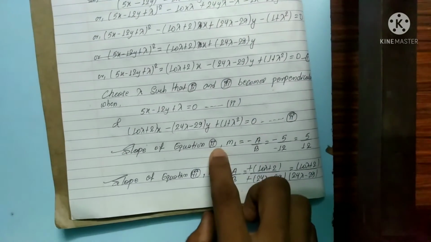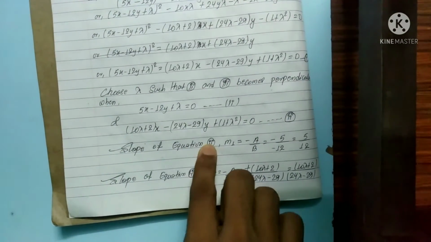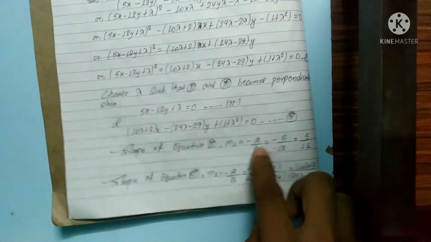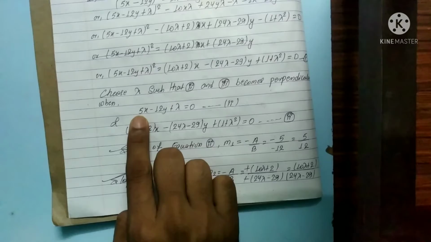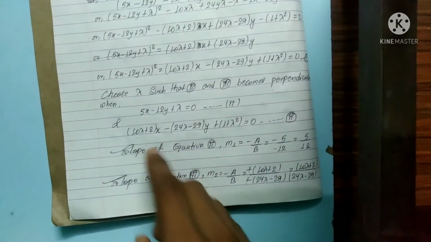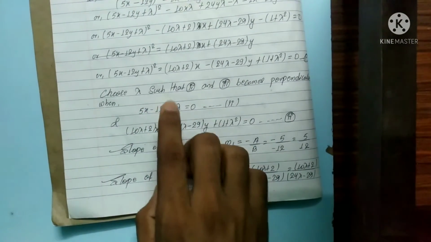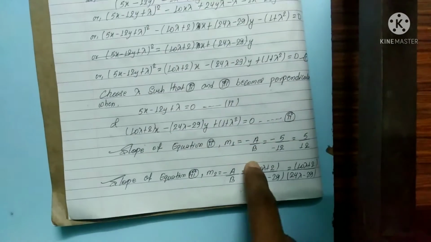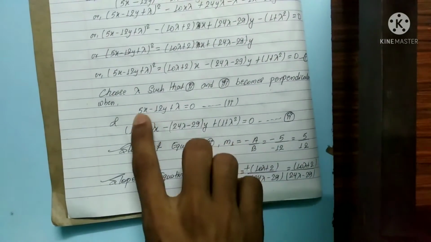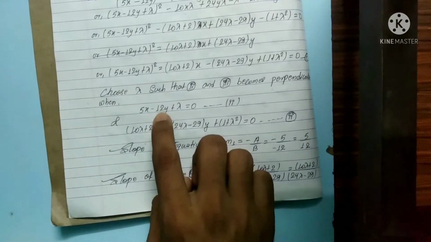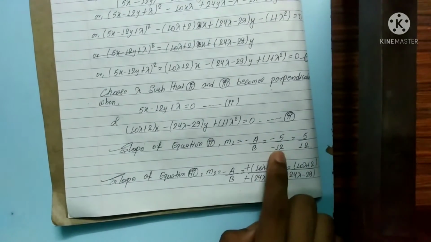Solve equation 2. The slope of equation 2, m1, is equal to minus a by b. You know that the coefficient of x is a and the coefficient of y is b. So the coefficient of x is 5 and the coefficient of y is minus 12.